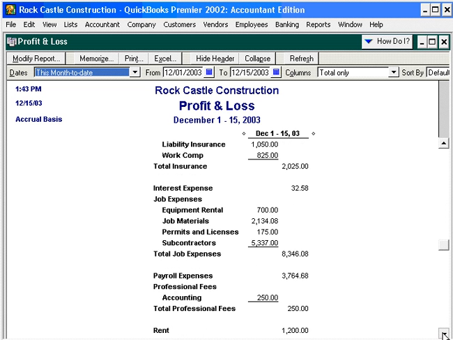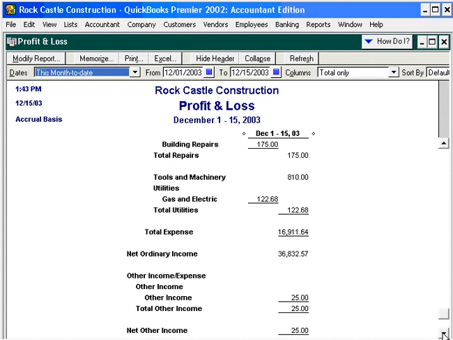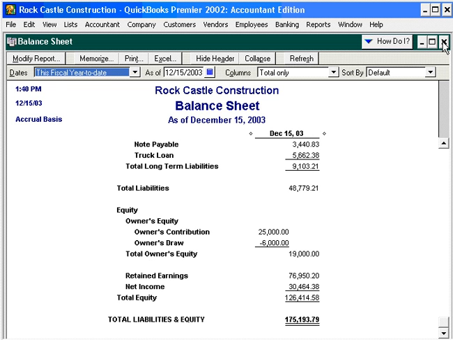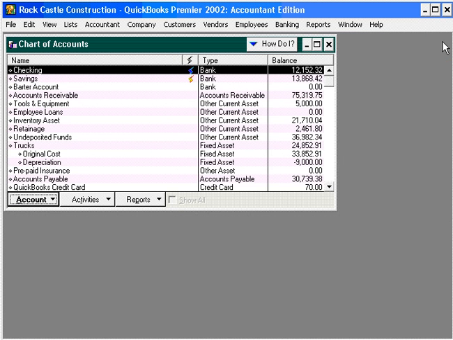The income statement has a bottom line. This bottom line shows net income of $36,857.57. That's what our net income after expenses is for this period. Let's go back once again and look at the chart of accounts.